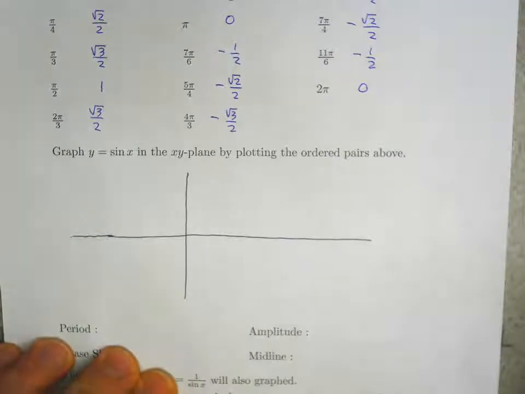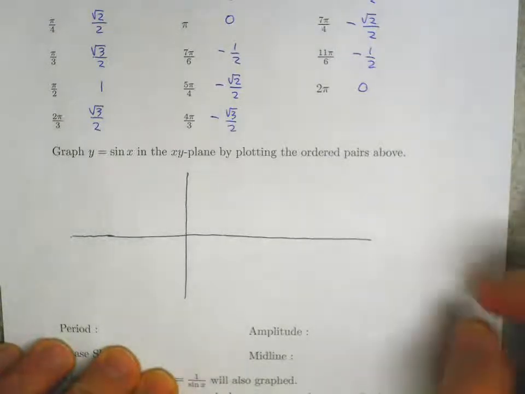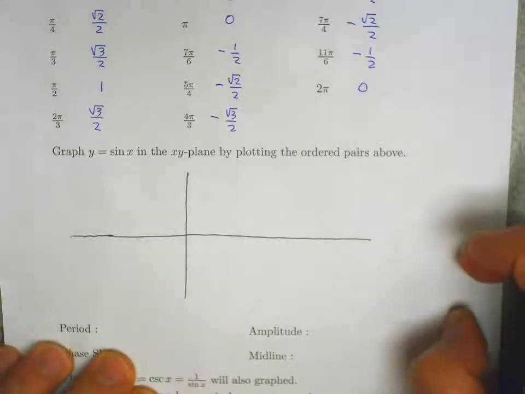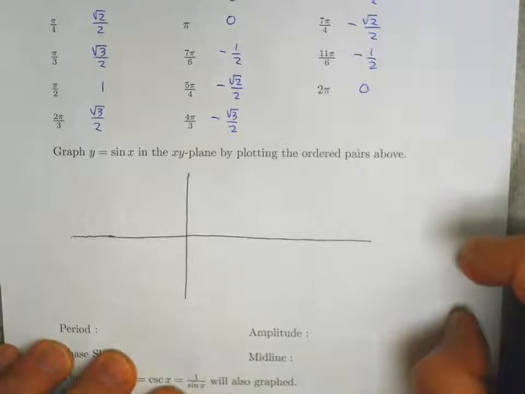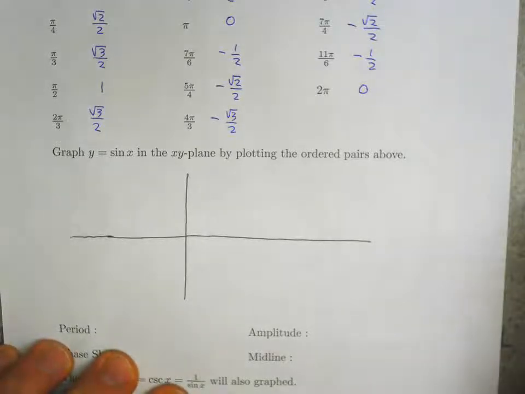Okay, I'll mention one of the strategies for graphing sine and cosine functions. If we know what the period of the function is, then we can divide the period into 4 equal intervals.